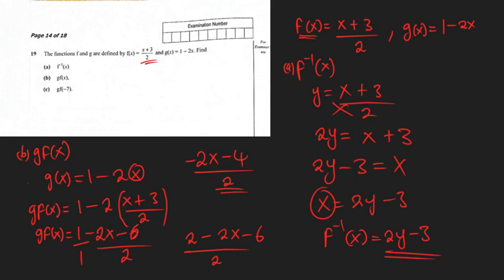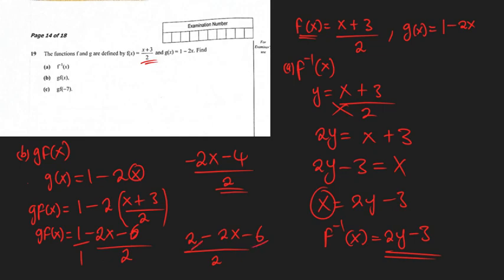Let me check. Where did you get the 4 term? Where did you get minus 4x? I did the multiplication here. Oh, I subtracted this 2 minus this 6.